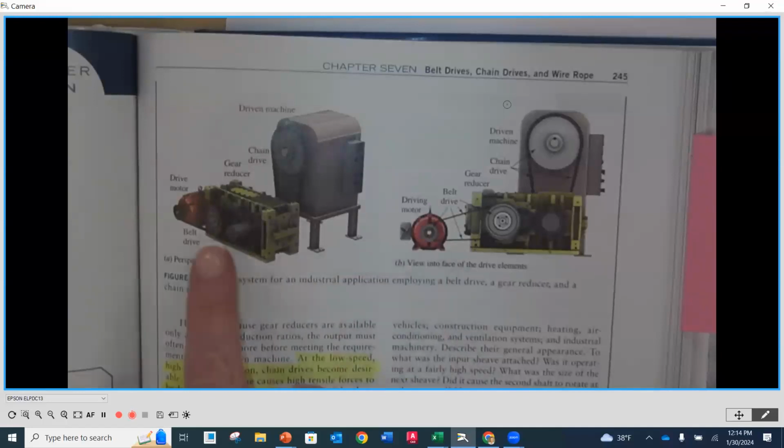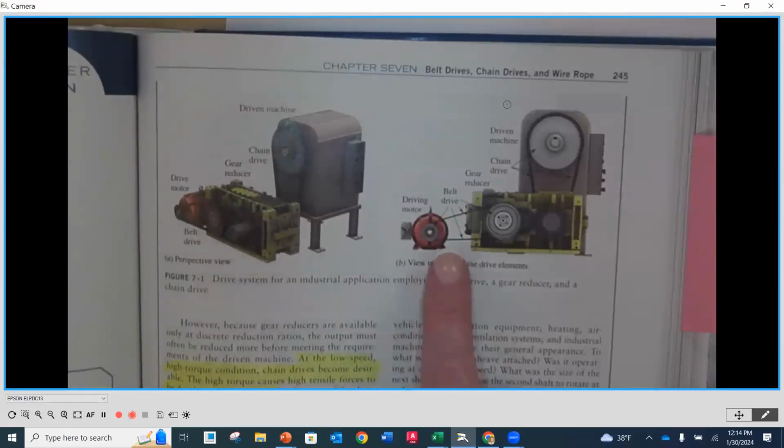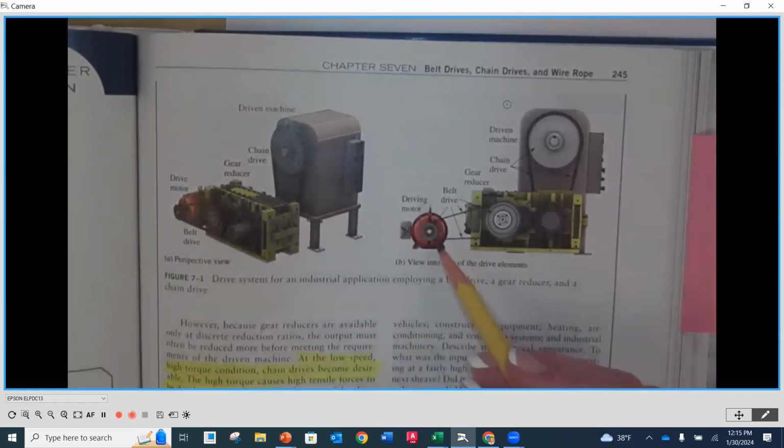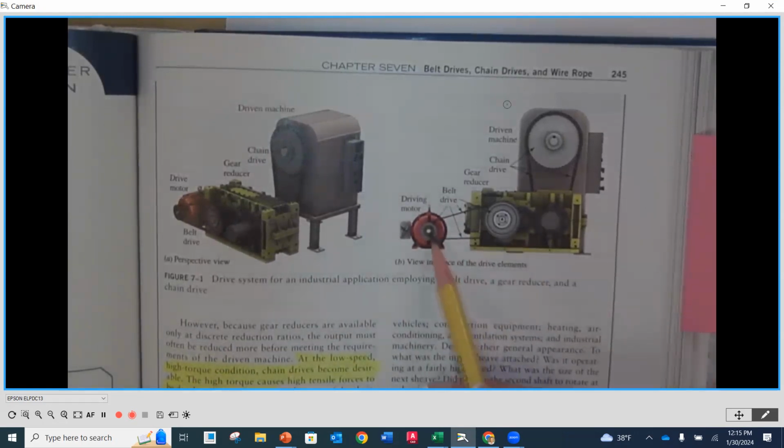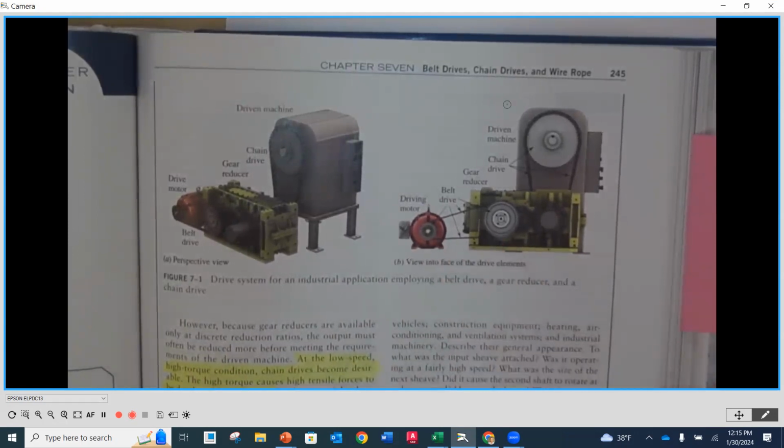The next one we're going to see, we can see it over here, but it's a better view on the right-hand side, is going to be a belt drive. Okay. And a belt drive, you'll notice, is going to be attached to our motor, and it's going to then be the input on the actual gearbox itself. Okay. So we're going from motor to the gearbox with a belt drive. Okay.